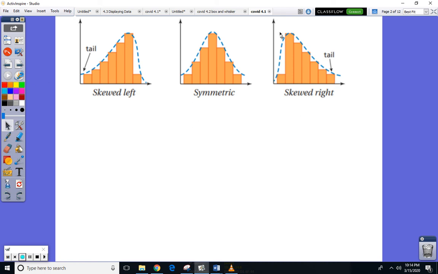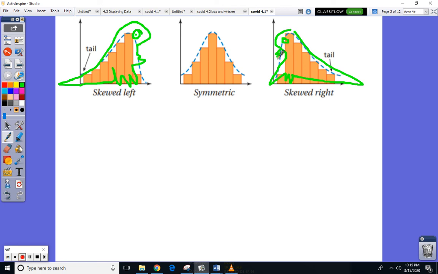And we had skewed right, where the tail goes to the right. And remember, I taught you can tell whether it's skewed left or skewed right by imagining it's a big dinosaur that has a tail. And wherever the tail goes, that's the direction that this one is. So skewed left, the tail goes to the left. Skewed right, the tail is going to go out to the right for that dinosaur.